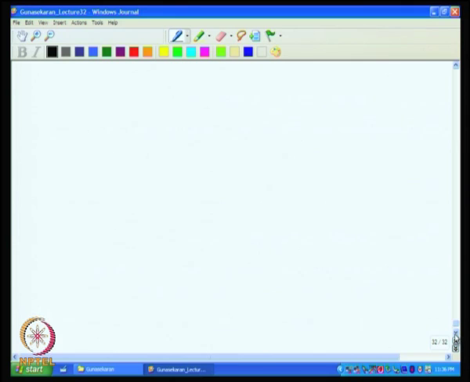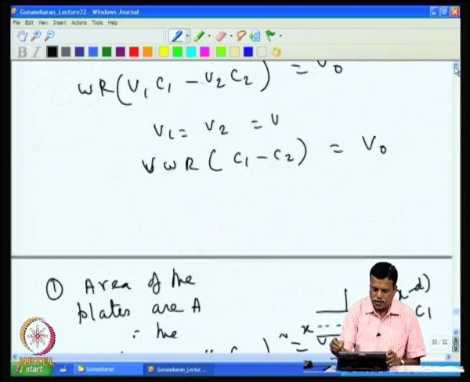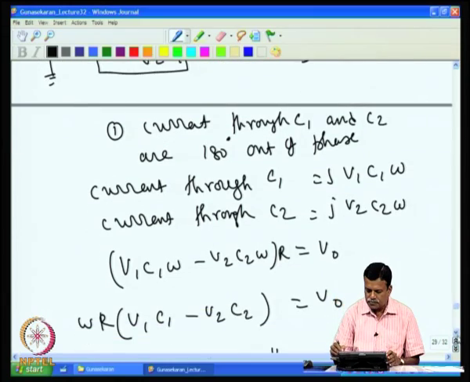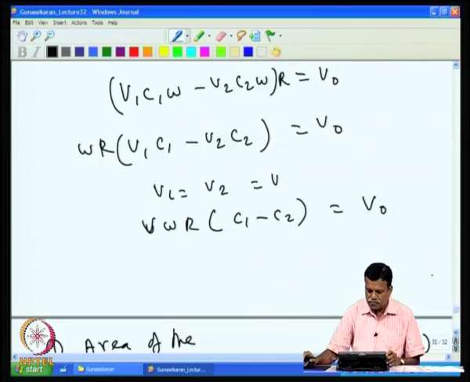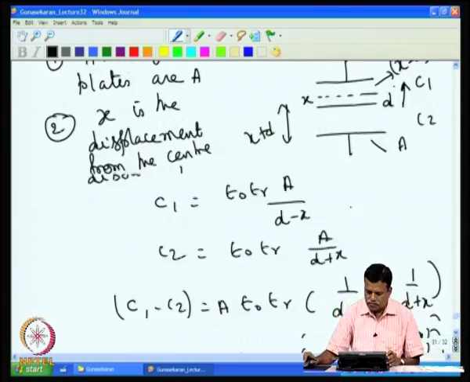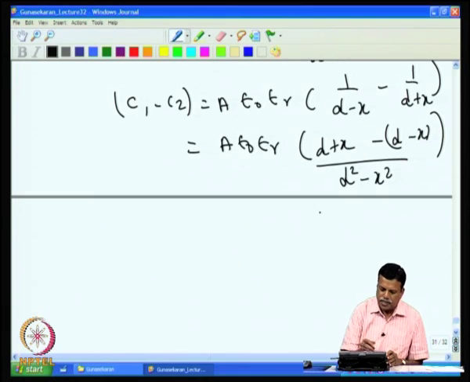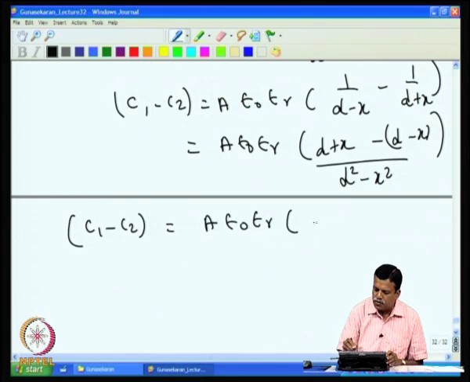So, C1 minus C2 will appear as A epsilon naught epsilon r into 2x by d squared minus x squared.